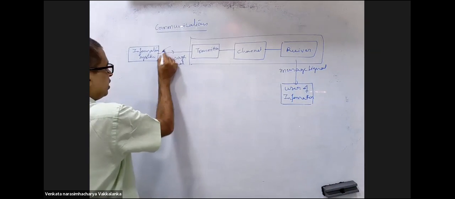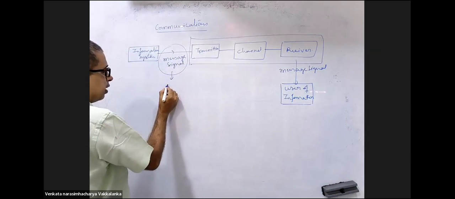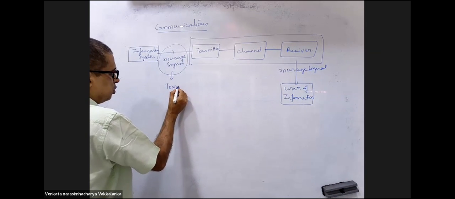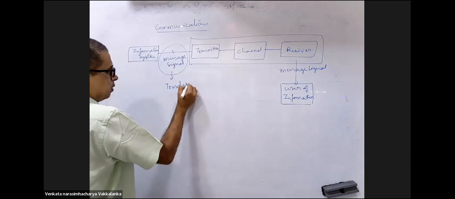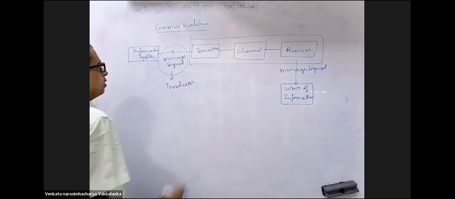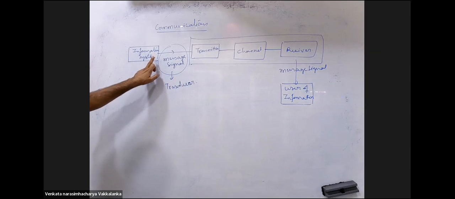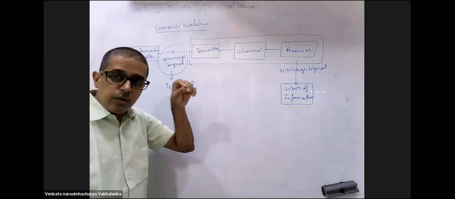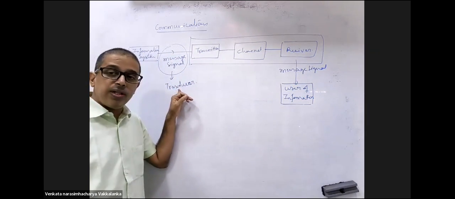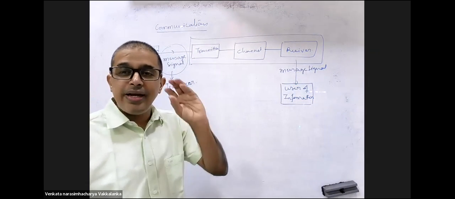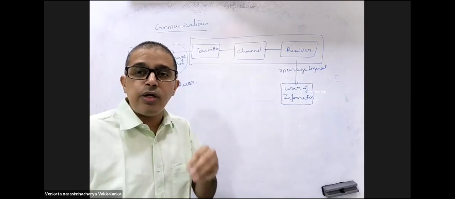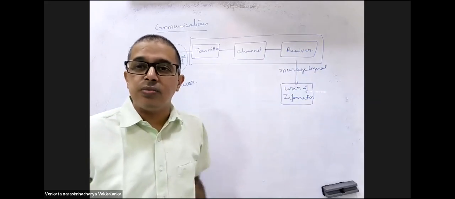Right? Message signal, how do you convert it? Using a transducer. Sound pulse converted into an electrical pulse. What will the transducer do? It converts a signal into a format which can be transmitted. I talk.